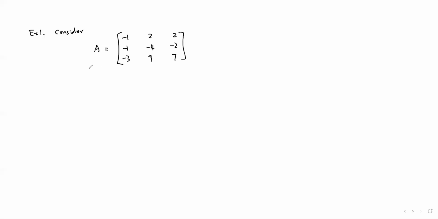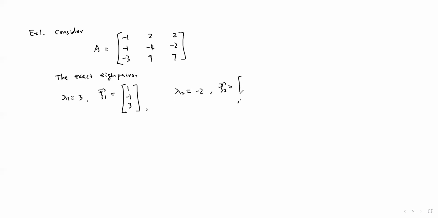For this matrix, the exact eigenpairs are as follows. 3 is an eigenvalue, and the corresponding eigenvector is 1, negative 1, 3. The second eigenvalue is negative 2, with eigenvector psi 2 equal to 0, 1, negative 1. The third eigenvalue is 1, with eigenvector psi 3.